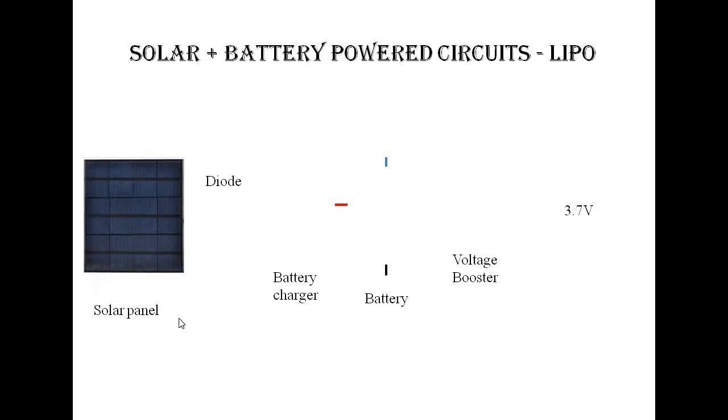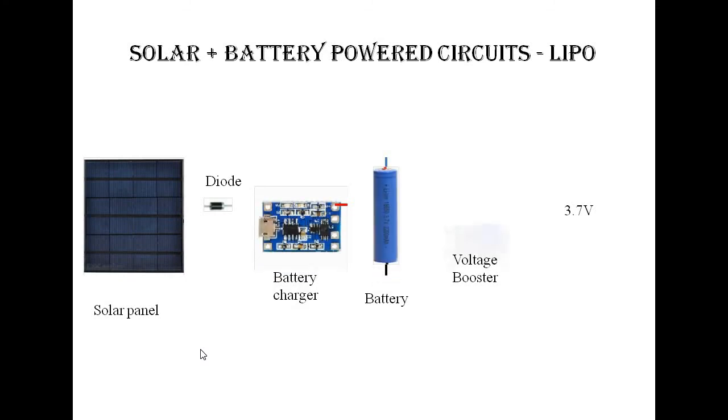It requires a solar panel, diode, battery charger, battery, and voltage booster. To protect from the high voltage of the solar panel we require the diode, which is connected to the battery charger, which is used to charge the battery.